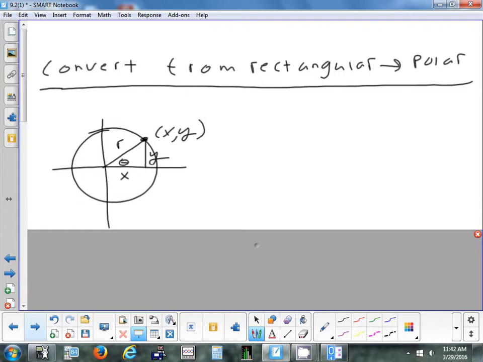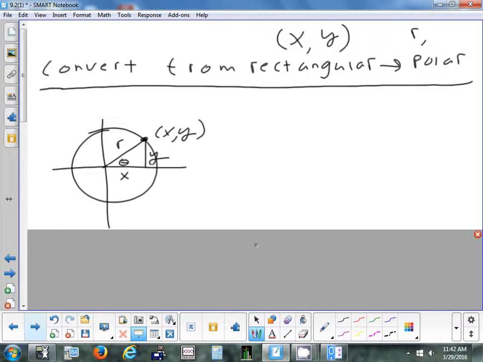Okay, so it pretty much looks like the same diagram, except this time you'd be given rectangular. Okay? So that means, what would they give you? They'll give you an x and a y. Okay, and your goal is to find what? Radius.